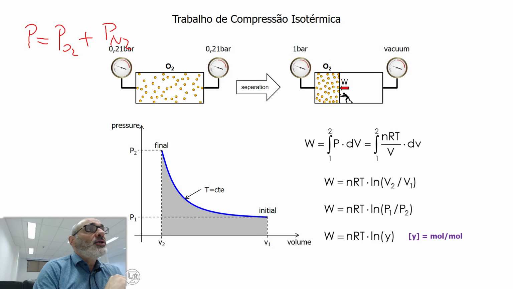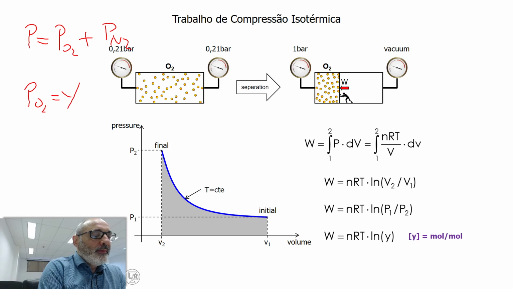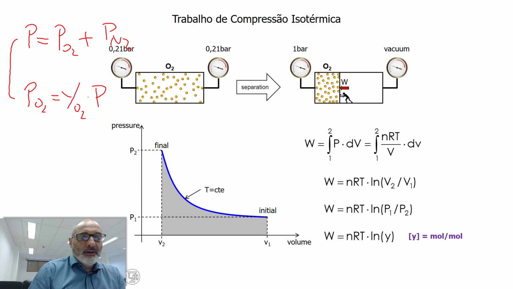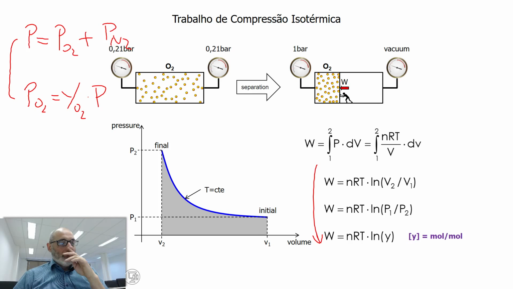And each partial pressure I can calculate from the total pressure by multiplying by the corresponding molar concentration. So those are equivalent formulas that I'm using in this manipulation here.